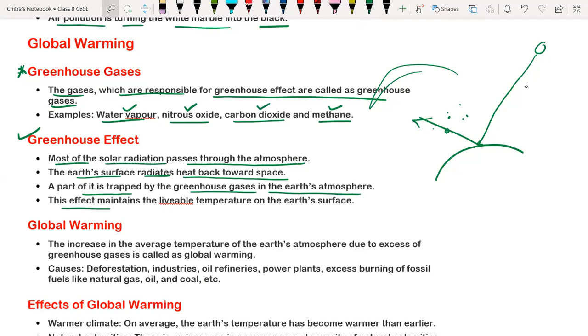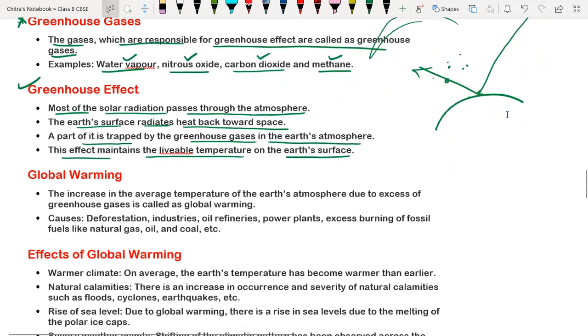This effect maintains a livable temperature on the earth's surface, because these greenhouse gases have the capacity to hold heat energy and cause an increase in the temperature of the earth's surface. It is nothing but global warming.